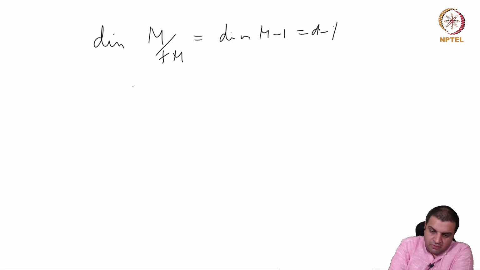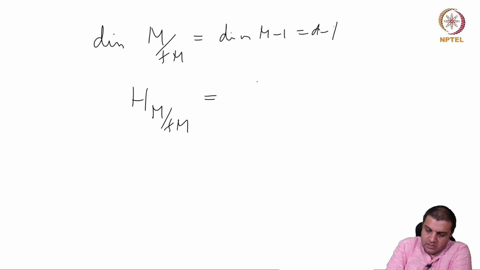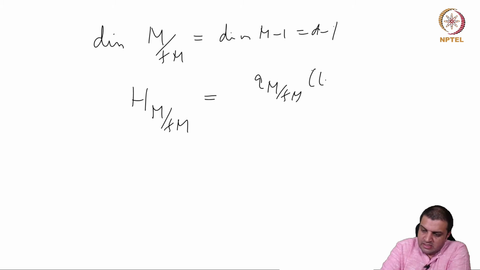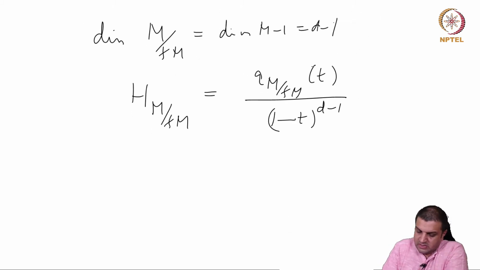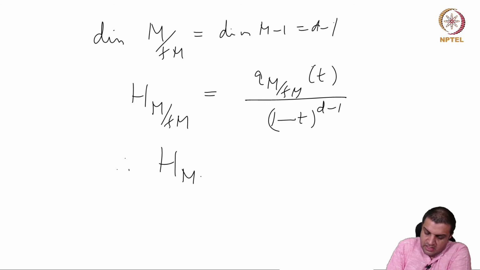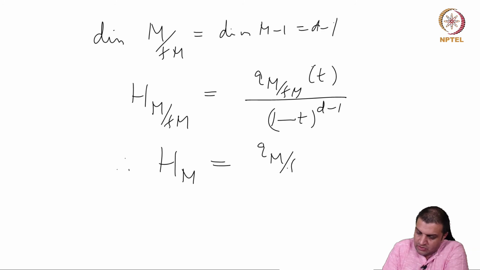Therefore H_{M/fM} is some q of M/fM, the numerator Laurent series, times t divided by (1 minus t) to the d minus 1. And from here, if you divide by one more 1 minus t, we get H_M equals q of M/fM, so the numerator Laurent polynomial didn't change if you went modulo a non-zero divisor.